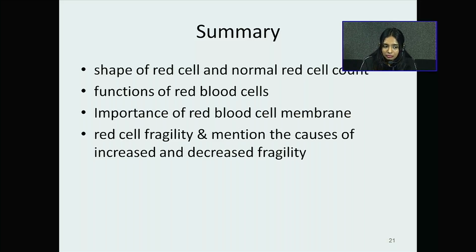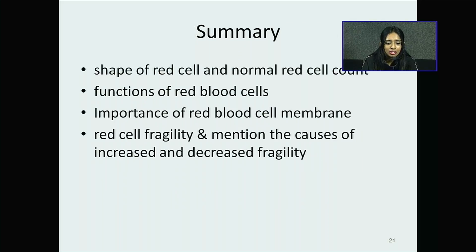So that is polycythemia vera, in which RBC count increases. Now, a pathological condition in which RBC count decreases is anemia. So these are the conditions in which RBCs increase or decrease physiologically, and the conditions where RBCs increase or decrease pathologically.